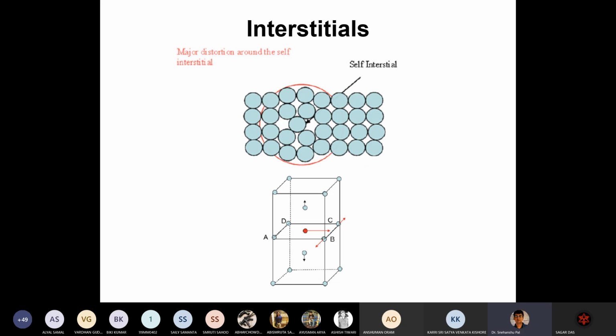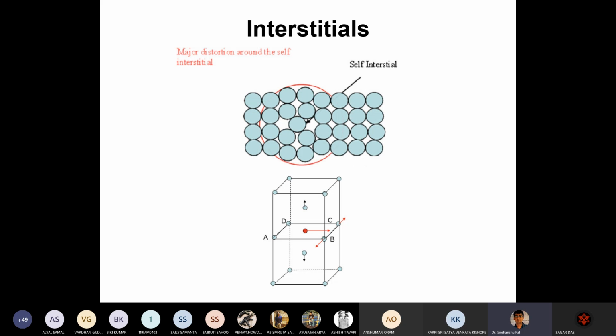If not, there is a strong irradiation impact on the material. So vacancies, on the other hand, are dominant equilibrium defects in a metal.